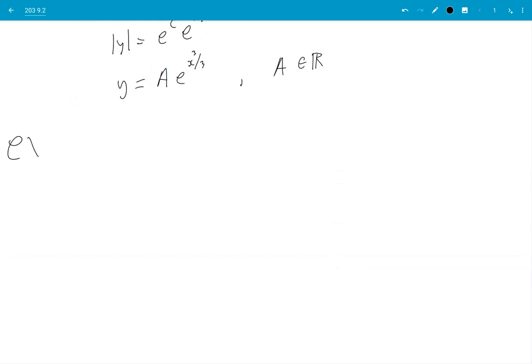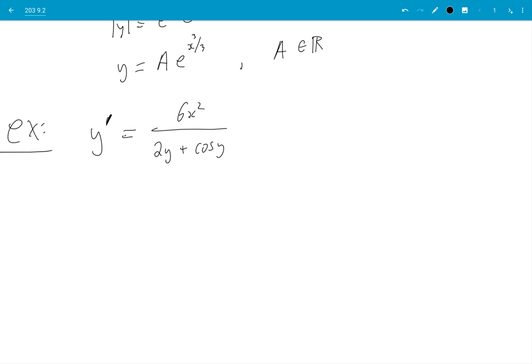Okay, another example, different flavor. y prime is 6x squared over 2y plus cosine y. So I separate 2y plus cos y. So the y's go on the left, and the x's go on the right.